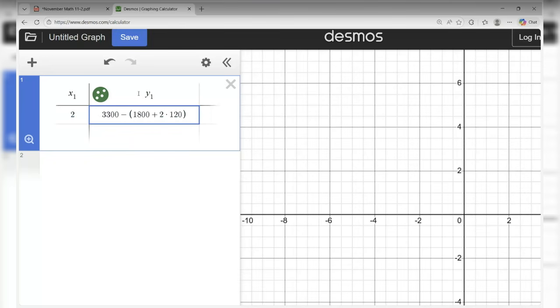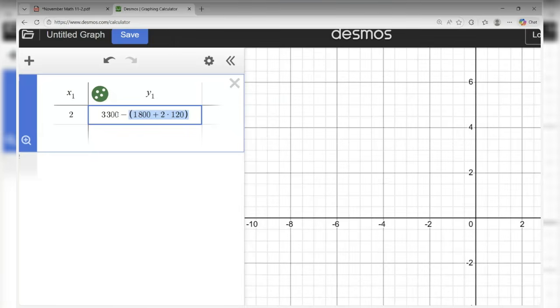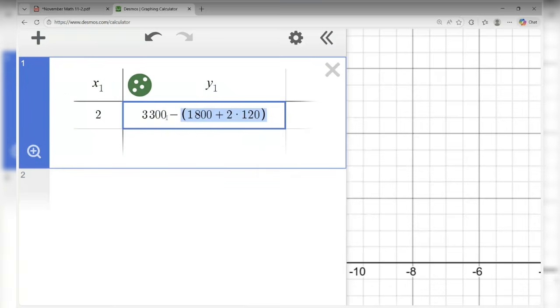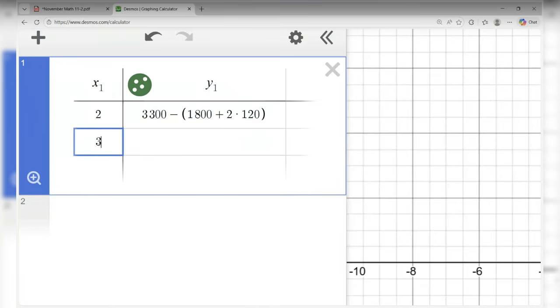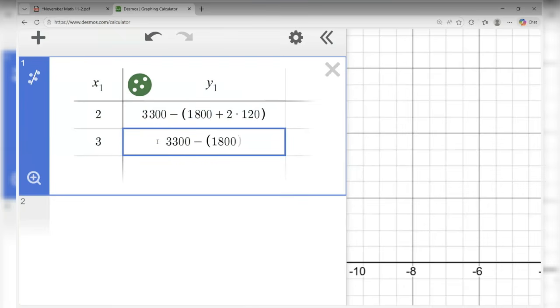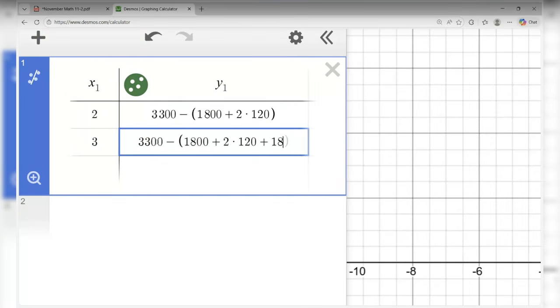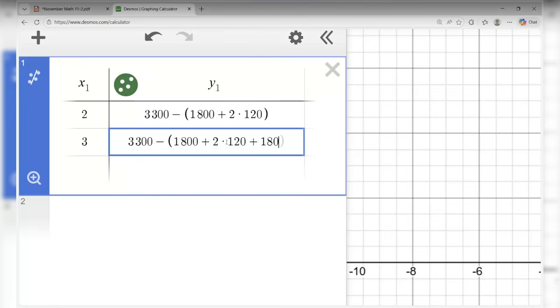That's how many bees increased, and I'm subtracting because to find how many bees you needed to reach the goal. And after 3 weeks, that is 3000 minus, again the initial 1800 and 2 times 120 and plus 180, because after 3 weeks you need this number of bees increased.